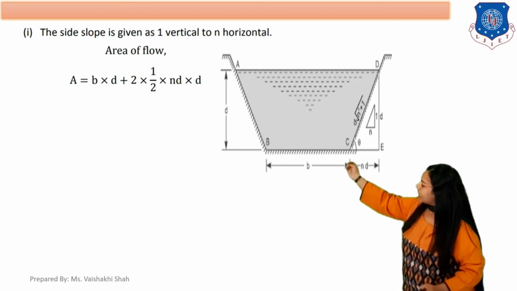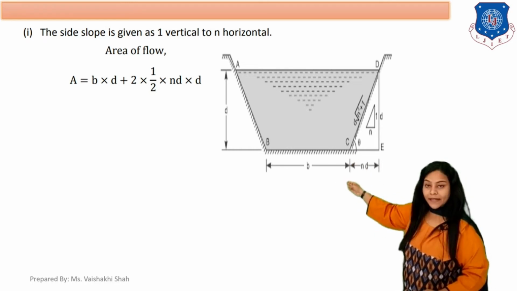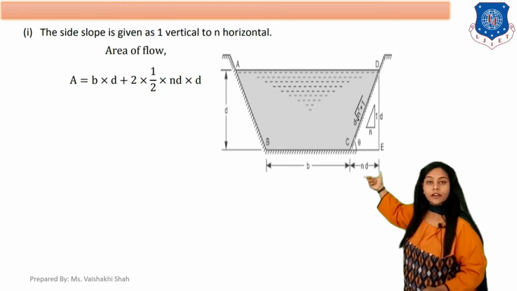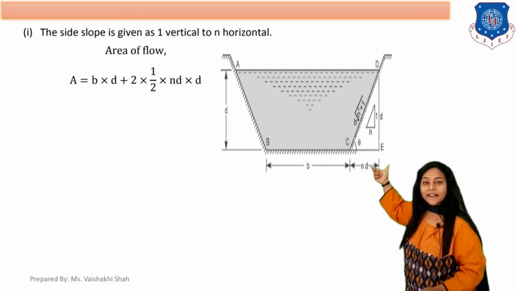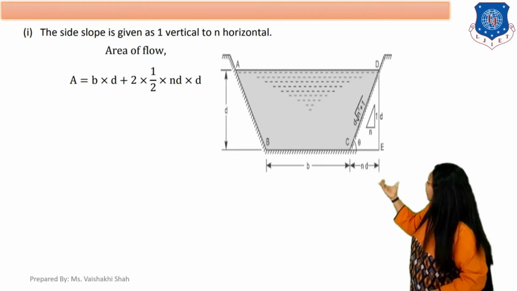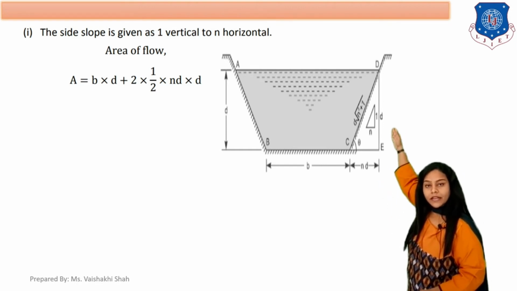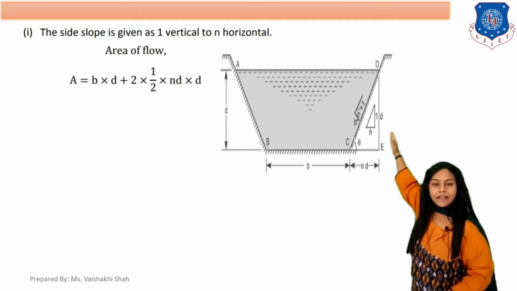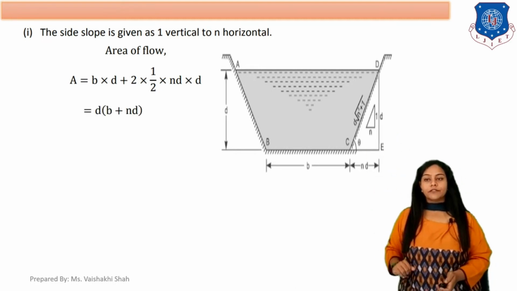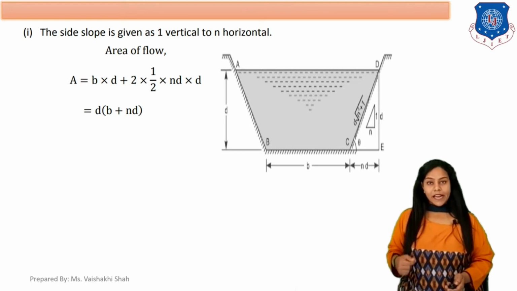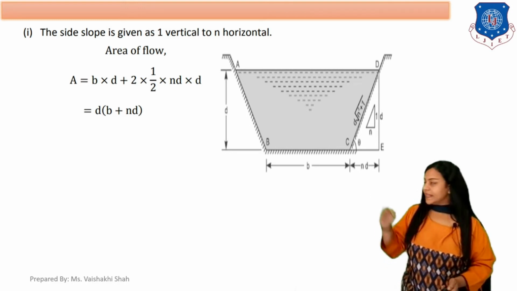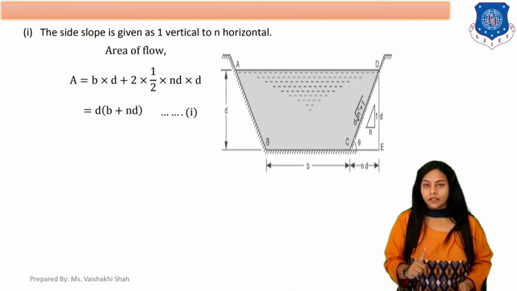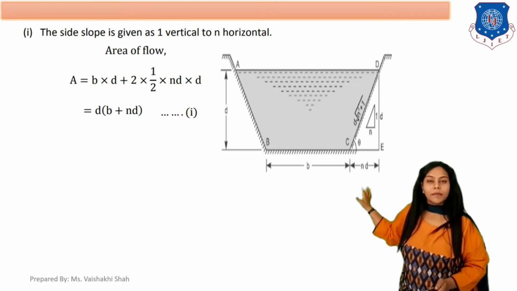So 2 into half ND into D, where the base of the triangle is ND and the height is D. So our equation for area is A equals D into B plus ND, which is equation number 1. We found the area of this trapezoidal section.